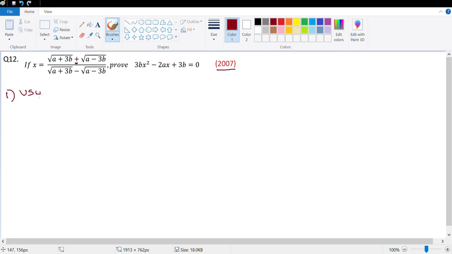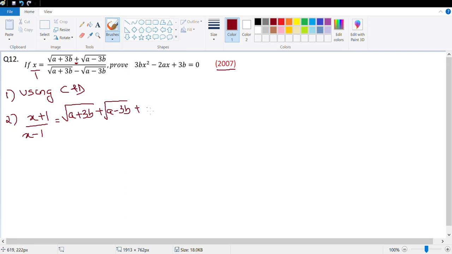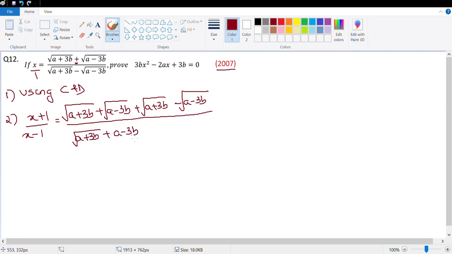So using componendo and dividendo, we get x plus 1 upon x minus 1. That's correct. The denominator here is 1. This will be the square root of a plus 3b plus the square root of a minus 3b, plus the square root of a plus 3b minus the square root of a minus 3b, divided by the square root of a plus 3b plus the square root of a minus 3b minus the square root of a plus 3b plus the square root of a minus 3b.